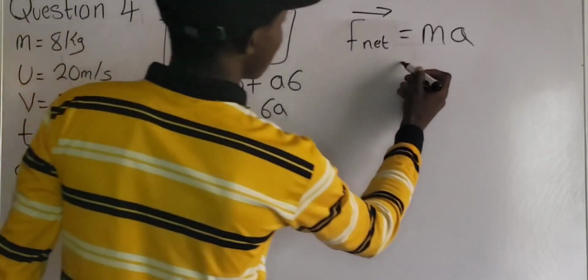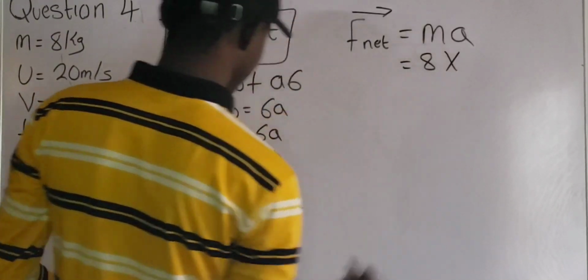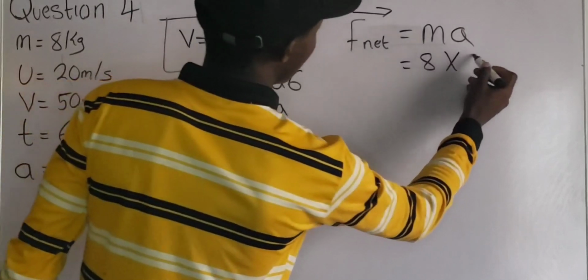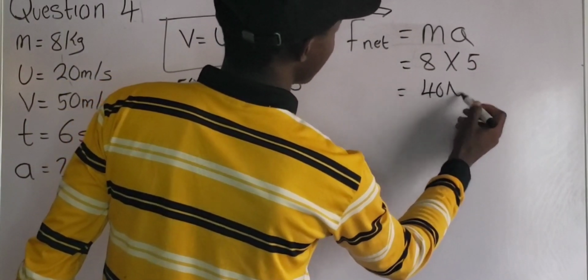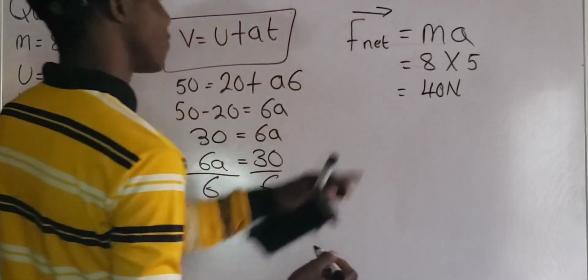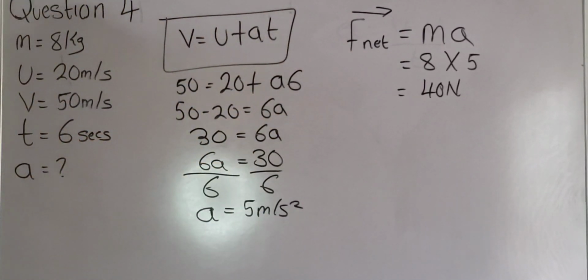So I'm going to have 8 multiplied by the acceleration, 5. So 8 multiplied by 5 is 40 Newton. So the net horizontal force is 40 Newton.